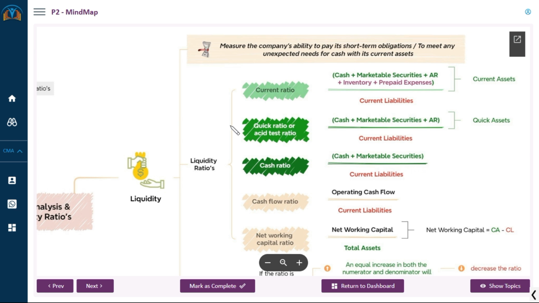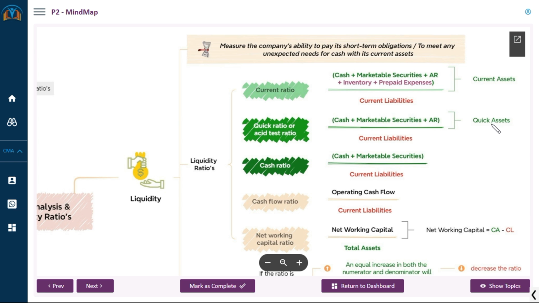Now let us understand the difference between current ratio and quick ratio or acid test ratio. The difference between current assets and quick assets is what? Your inventory and prepaid expenses. So in current assets, inventory and prepaid expenses are added, and in quick assets, the inventory and prepaid expenses are not there. So when you deduct the inventory and prepaid expenses from the current assets, you get the quick assets.